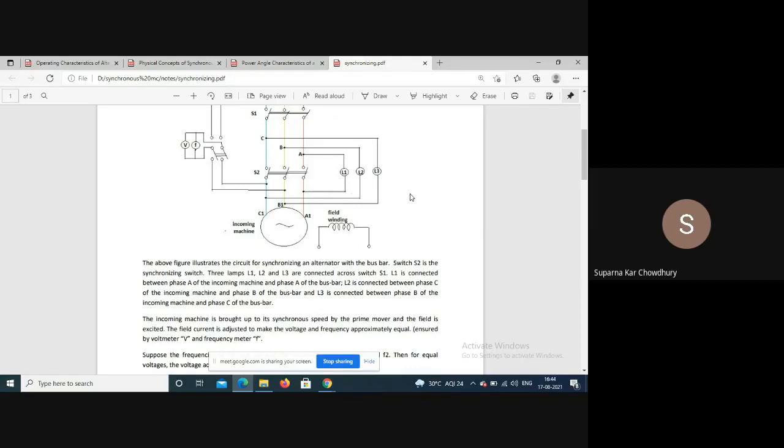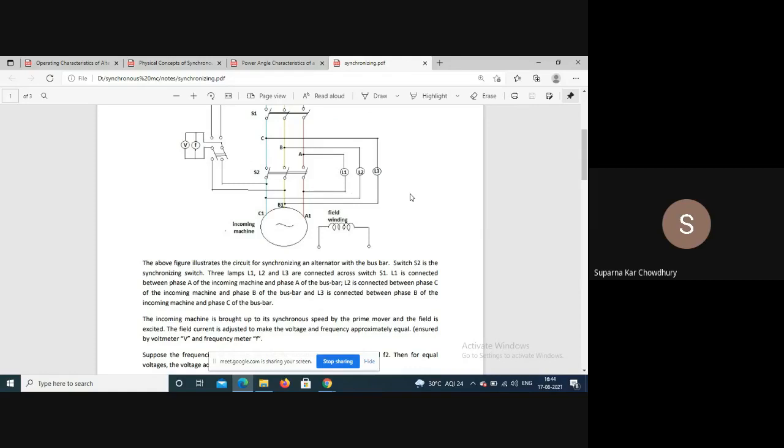As a number of machines are connected to the bus bar, if we simply change, say, the excitation of a particular machine, what will happen if it was an isolated machine? Its terminal voltage will change.